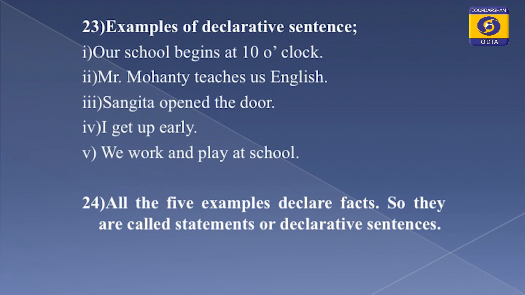This is a regular habit and also a declarative sentence. We work and play at school. This is another example of a declarative sentence. Because these 5 examples declare facts, they are called statements. All the statements are called declarative sentences.